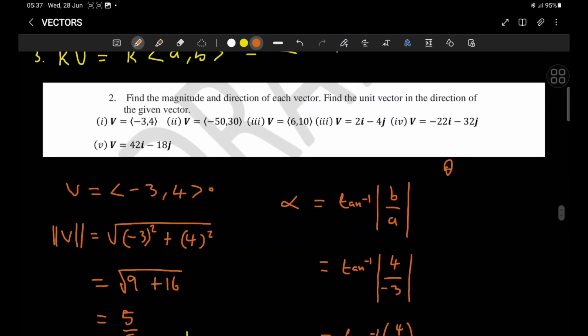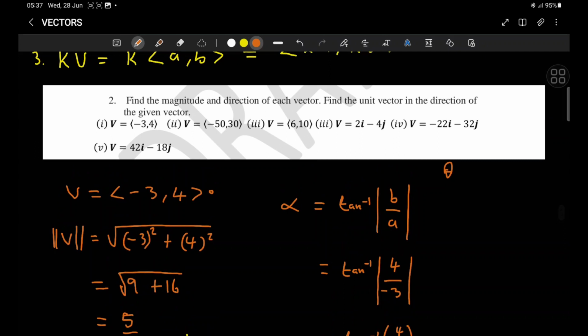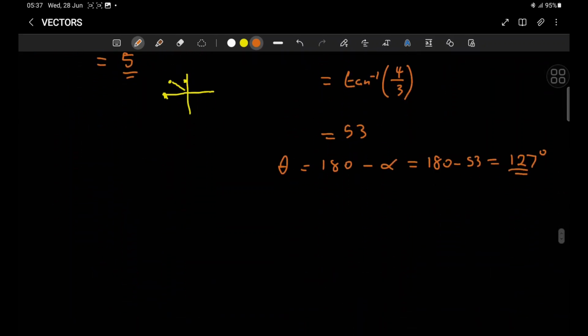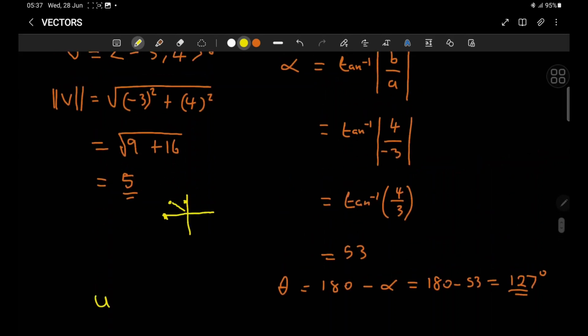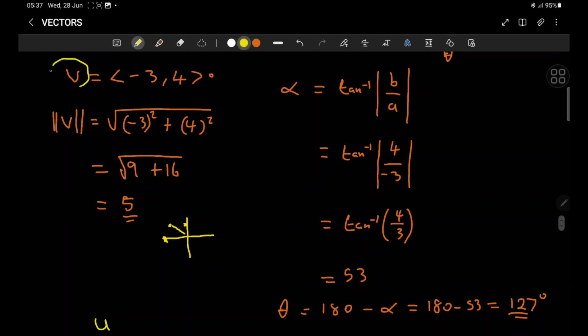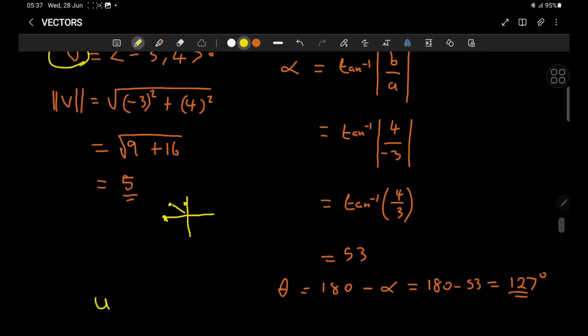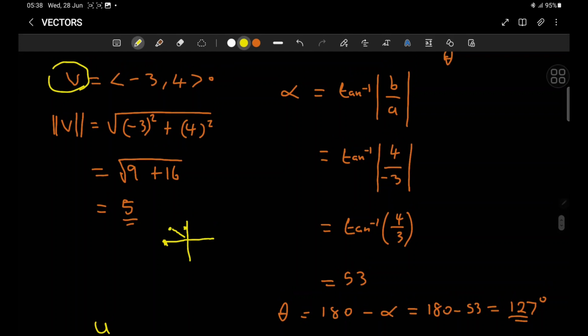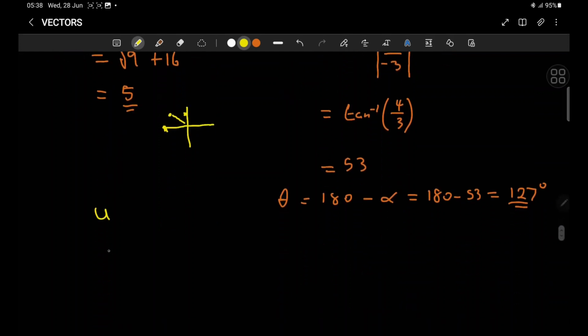Then the other part of the question says find the unit vector in the direction of the given vector. Let's give the unit vector as u. The concept is that to get the unit vector u, you need to find the magnitude of this vector v, and you divide the vector by the magnitude. Remember, initially our vector v is negative 3, 4.